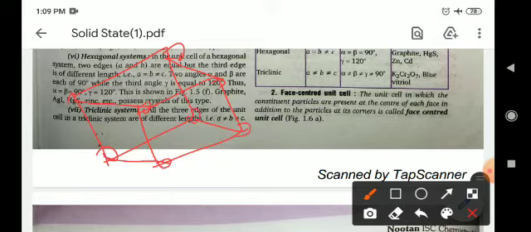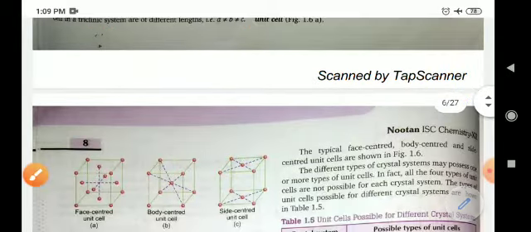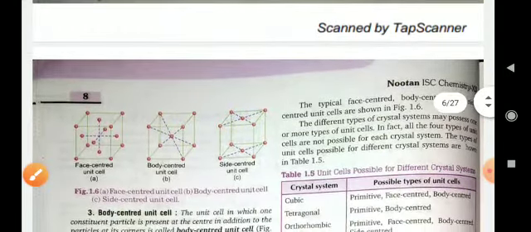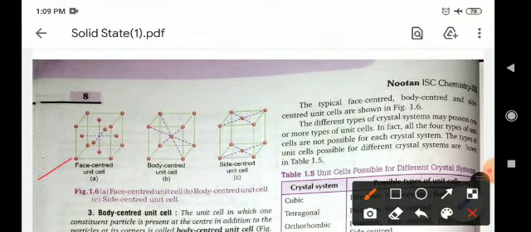But in the face centered cubic system, constituent particles will be present at the corners and also at the faces of the cube.